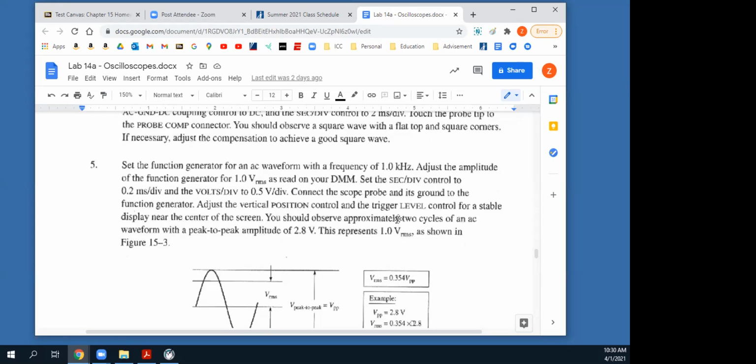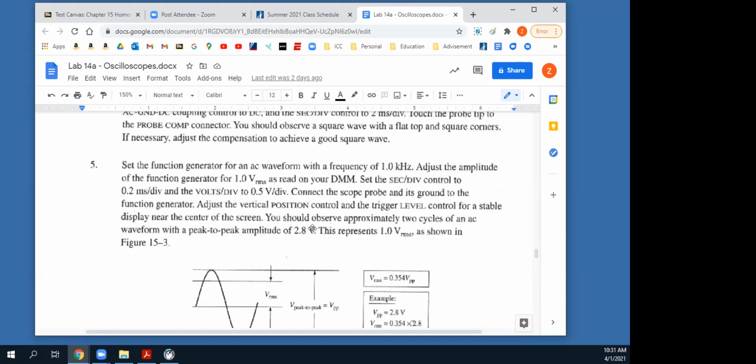You should observe approximately 2 cycles of an AC waveform with a peak-to-peak amplitude of 2.8 volts. Okay, well here, let's do this.